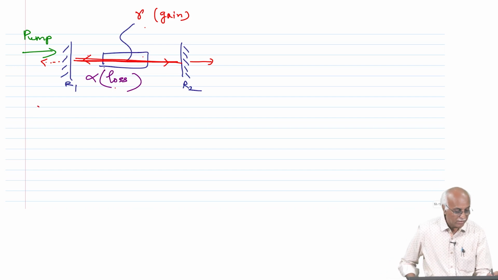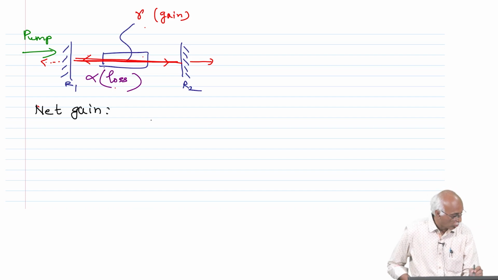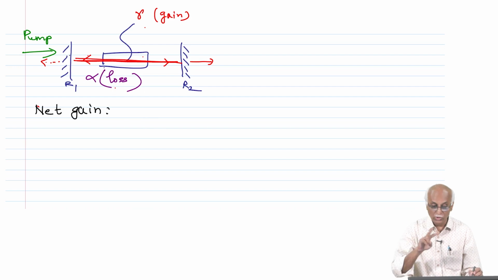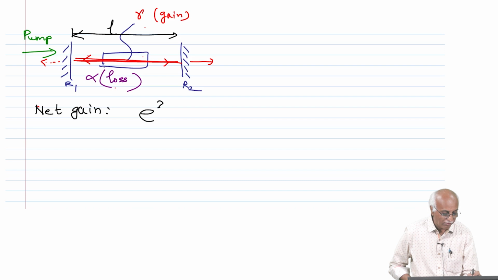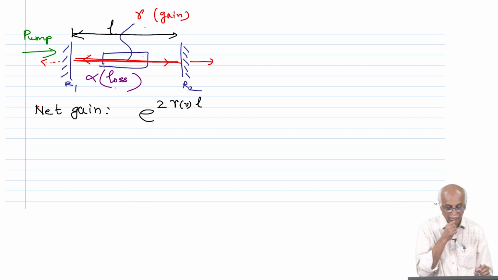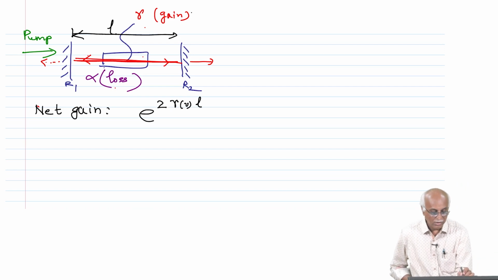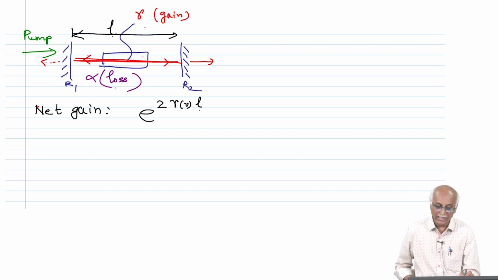So, the net gain in such a cavity is determined by the round trip, which corresponds to 2 times the length, 2L. So, if the length of the cavity is L, gain is exponent of 2 times gamma at a particular frequency nu, into L. The gain coefficient gamma has unit per centimeter and L is the length in centimeter.